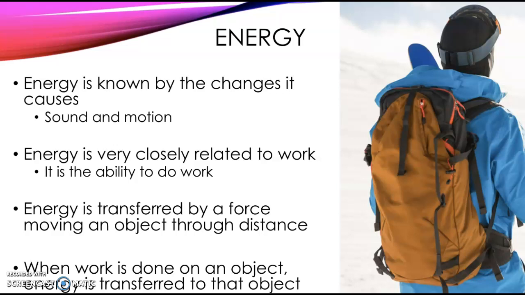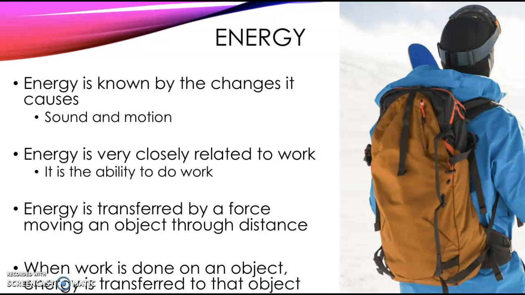The energy contained in your food comes from plants that have used the energy of sunlight, or animals that have eaten such plants. So we can see that there are all these different forms of energy. Remember, energy is going to be measured in joules. There are all these different forms of energy, but they're all measured in joules.